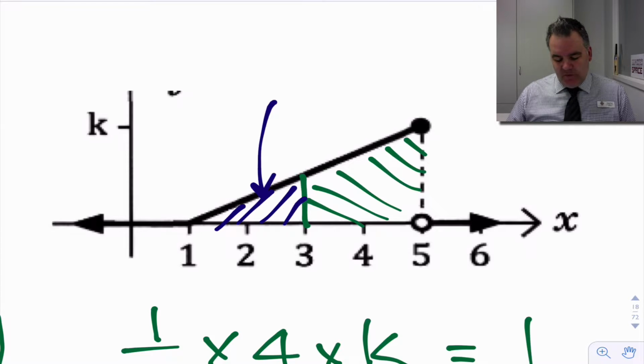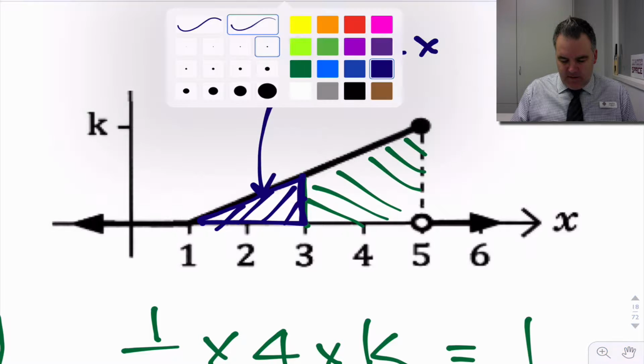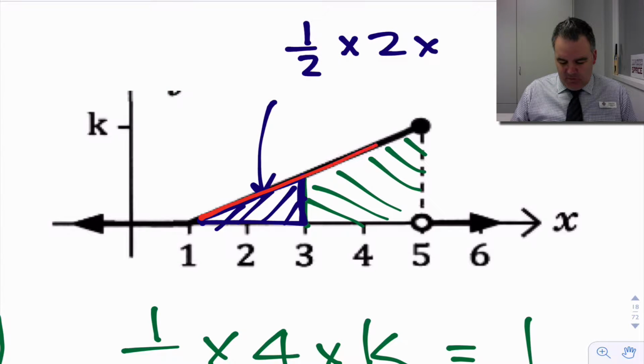Bit of similar triangles here, because in working out that area, it's a triangle, the base is 2, the height is that right there. Well, let's look at these similar triangles. That triangle there is similar to this triangle here. So if we know that 3 is halfway along the base of the triangle there, then we know that the ratio of these heights is also going to be half.